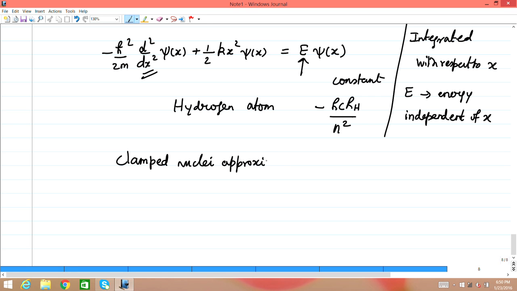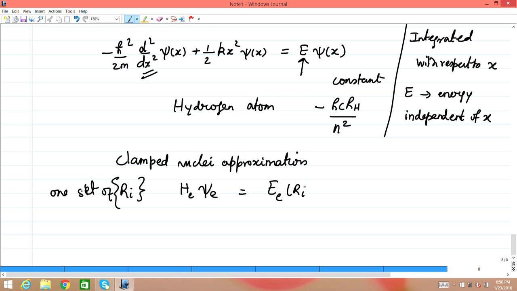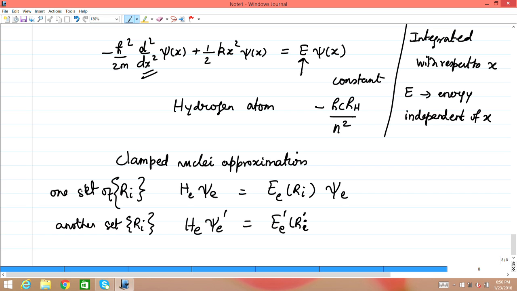Solving He psi E for one set of Ri gives you E_E, which is a function of that Ri, times psi E. Change to another set of Ri, you will get again another solution psi E prime, which will give you E prime, some other value, for this different set of coordinates Ri and psi E prime.